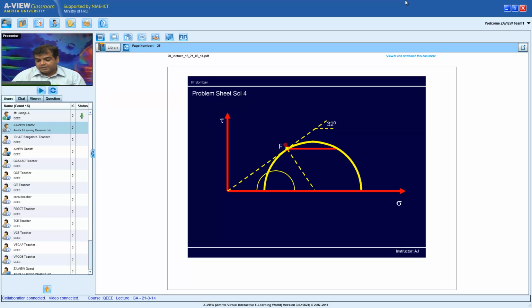The question says find the pole. You're also asked to find the pole. Remember, this is the failure point, and failure point occurs on the horizontal plane. Meaning, if I use this definition of pole, the plane which is horizontal, it intersects the point F. So if I go back, this point over here should be my pole P. Okay.